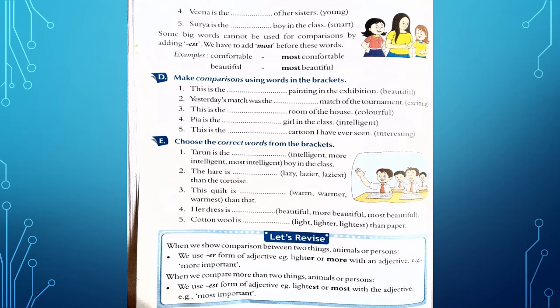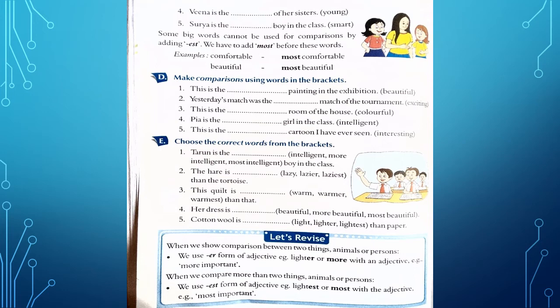So in exercise D, we make comparisons using words in the brackets. This is the dash painting in the exhibition. The word is beautiful. So we will add most before the word beautiful. And the sentence will be, this is the most beautiful painting in the exhibition.